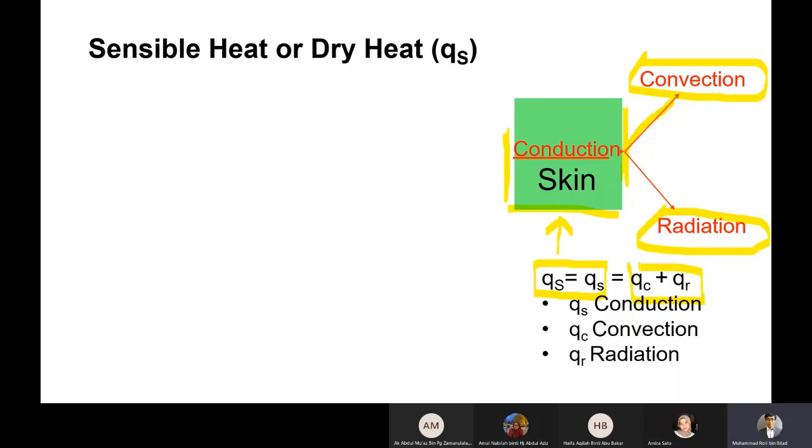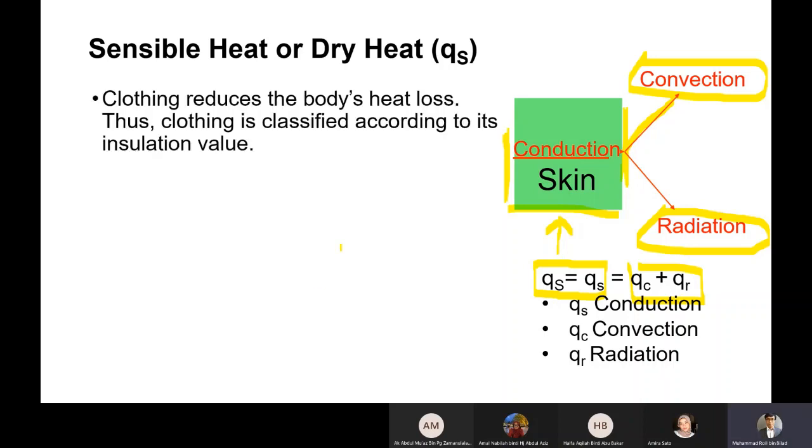With conduction, you can calculate the rate of heat transported. This is supposed to be equal to what you have in convection and radiation, because we don't accumulate heat on the surface of our skin, as you know.